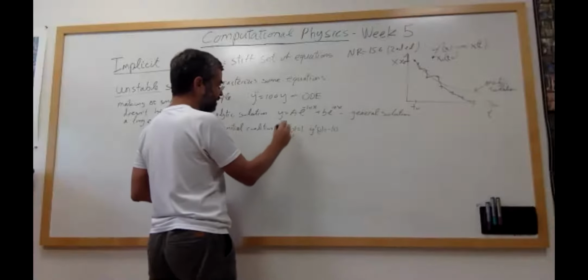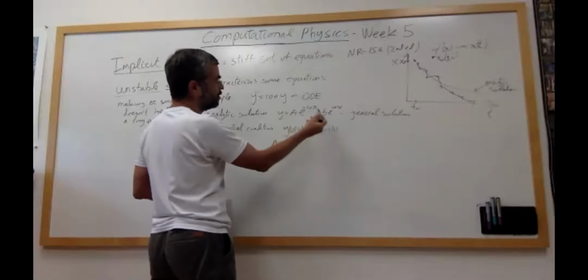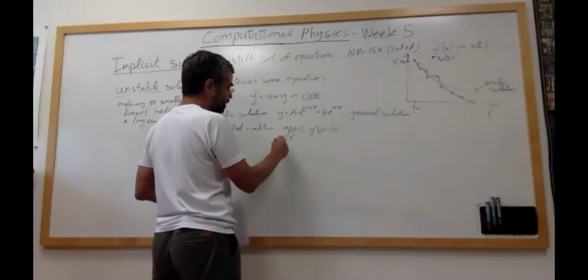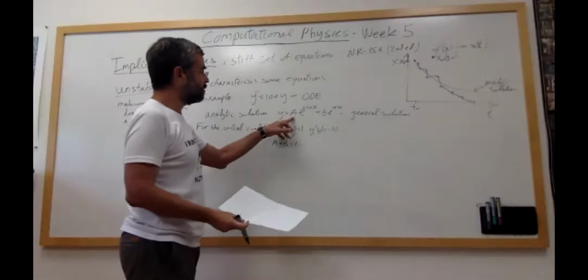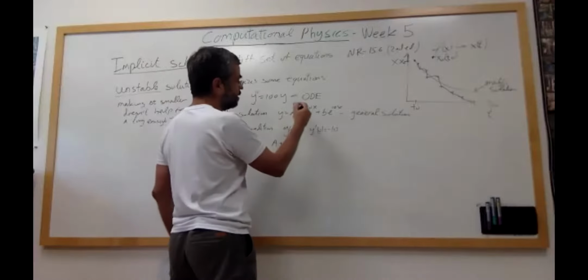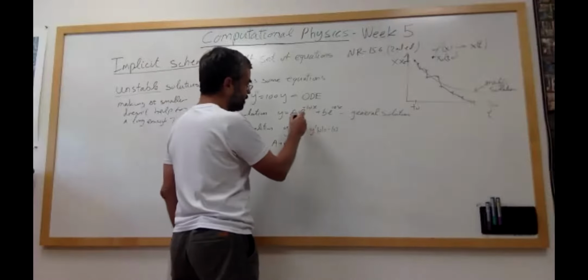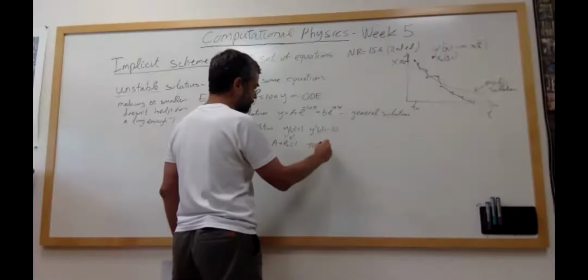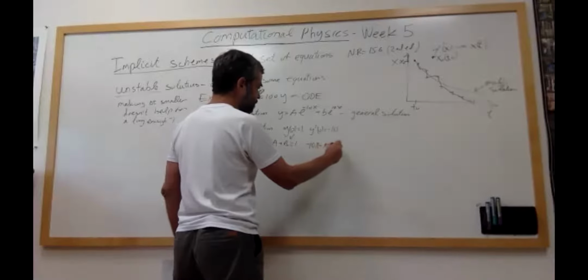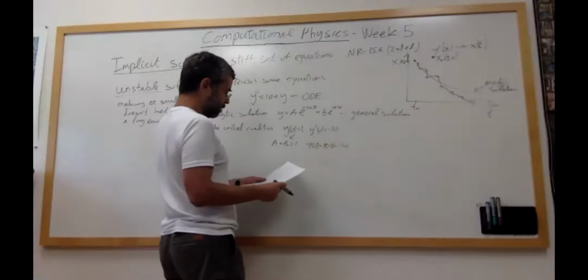So this tells us that a times e to the power of 0, which is 1, plus b equals 1. The derivative here is minus 10, so this gives us that minus 10a plus 10b is minus 10.